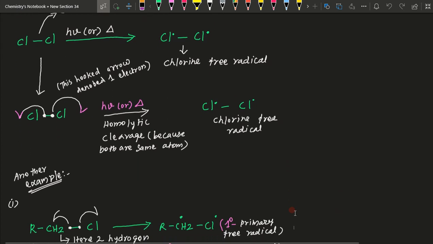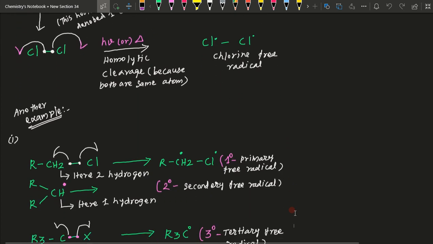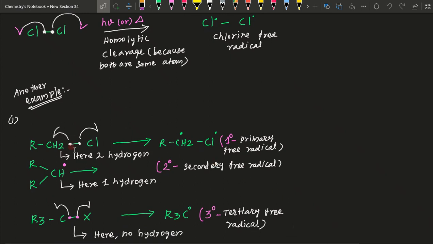Another example, see, this bond breaking. This fish hook arrow denotes one electron.